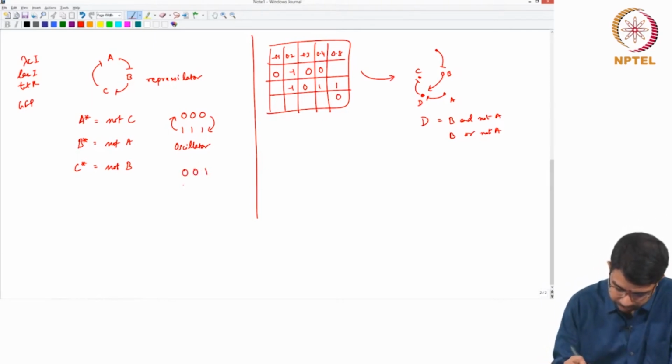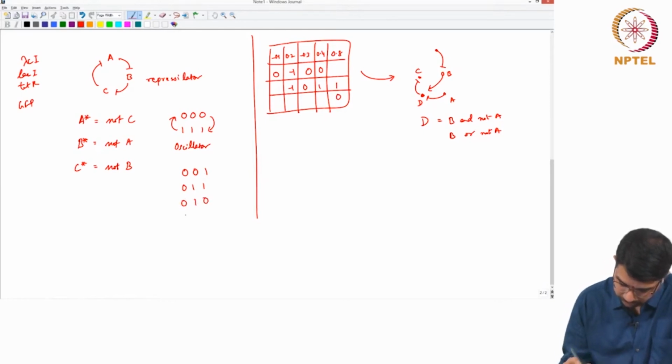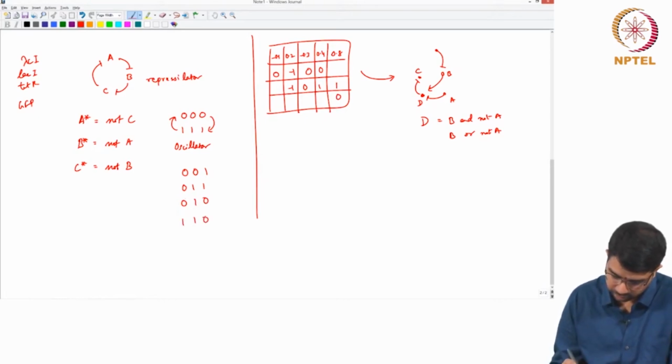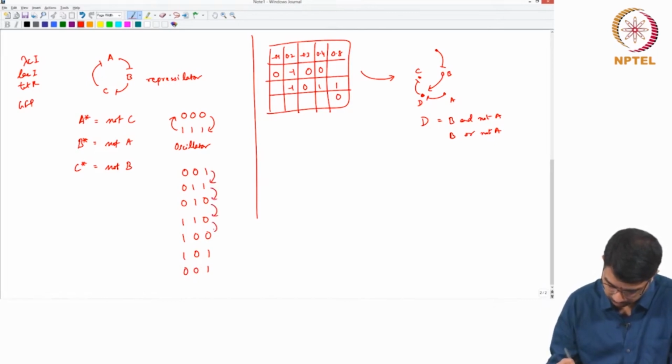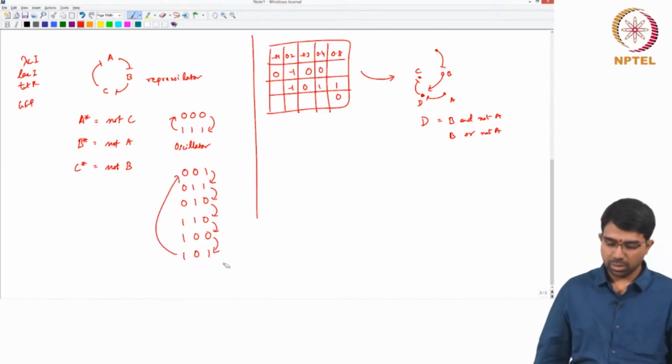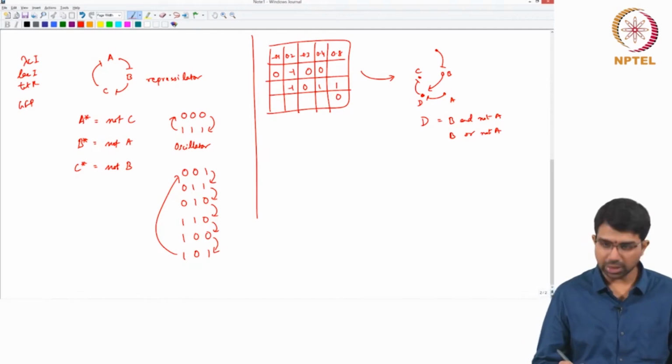So, this will become 0 1 1, 0 1 0, 1 1 0, 1 0 0, 1 0 1, 0 0 1. So, here again you have 2 cycle attractors.